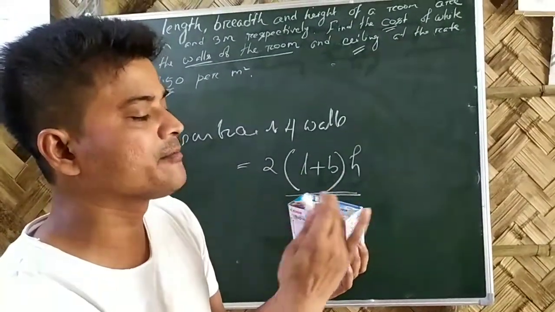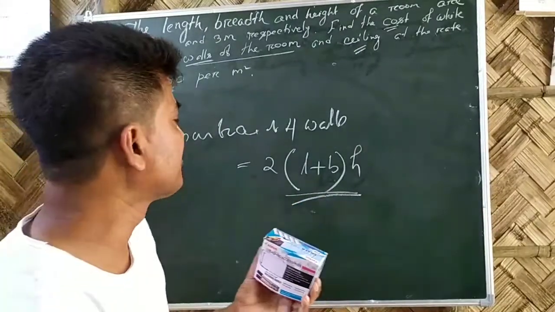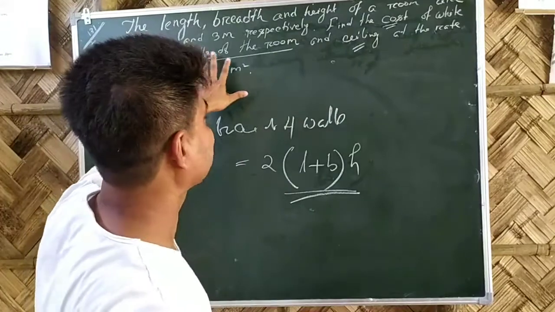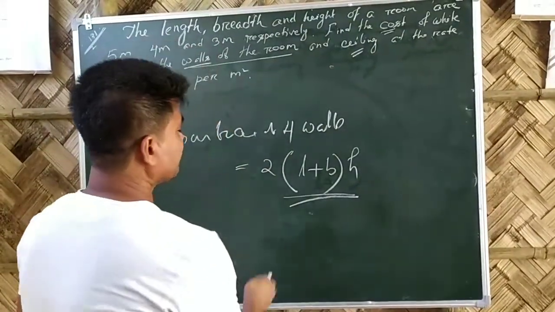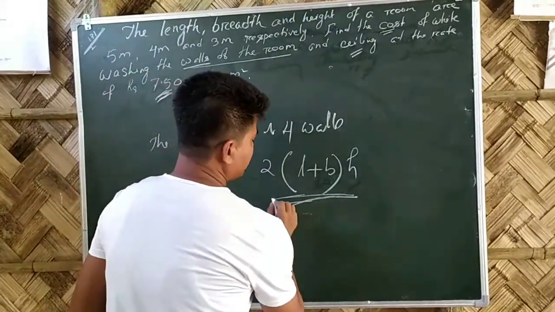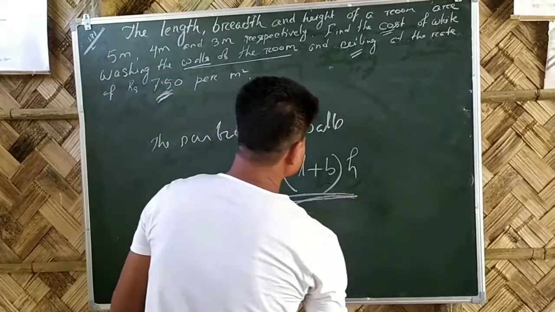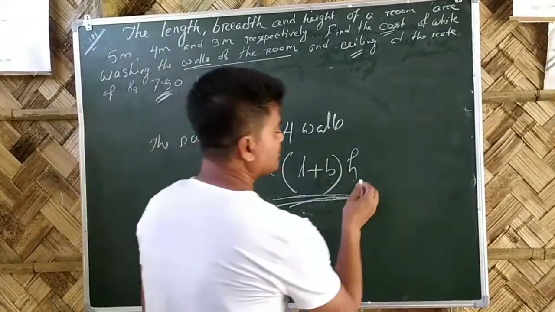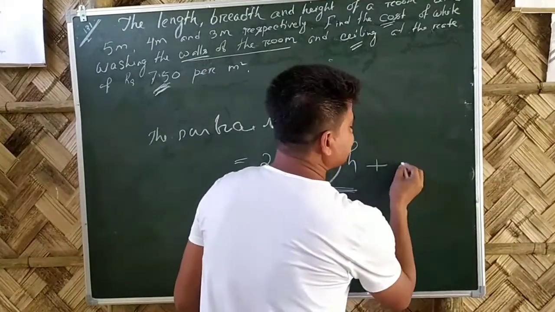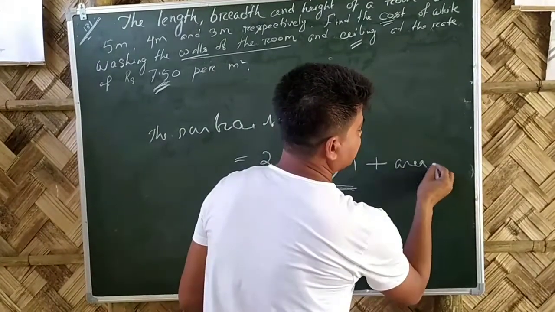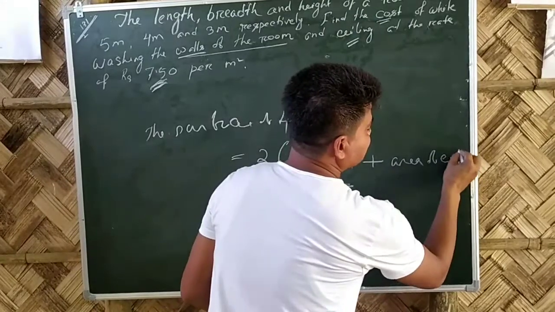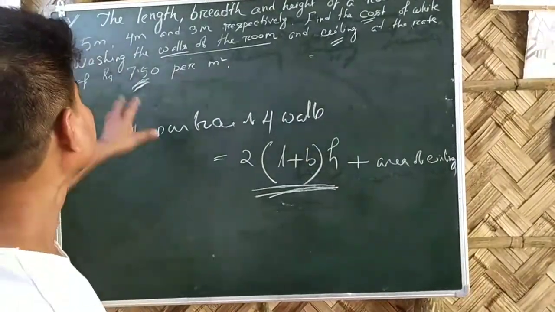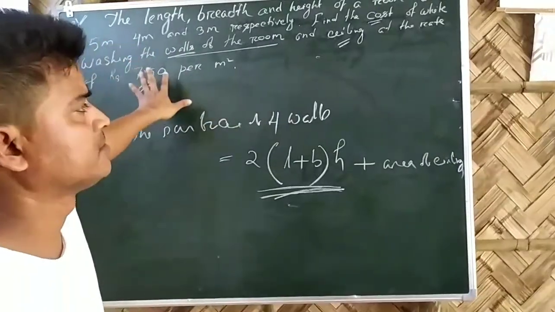So therefore, the area of the ceiling will be L times B. Therefore, we need to calculate the area of the 4 walls as well as the ceiling. That means the surface area of the four walls plus the area of the ceiling will be the total area which is to be whitewashed.